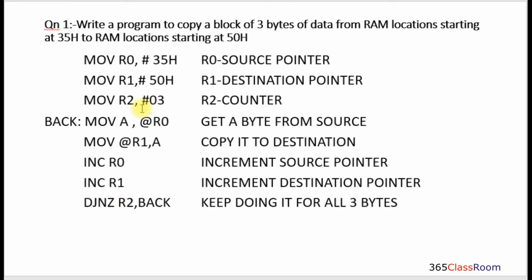So R2 will be initialized with the value 03. After getting this instruction, R2 will be decremented to 02. Then again it will be jumping back to here. Then MOV A, @R0, where R0 is now incremented. So the 35H location becomes 36H.